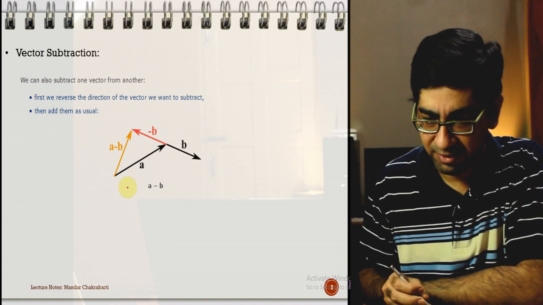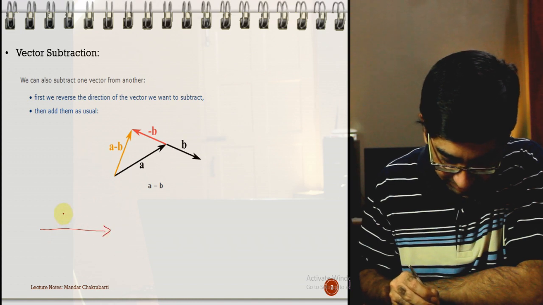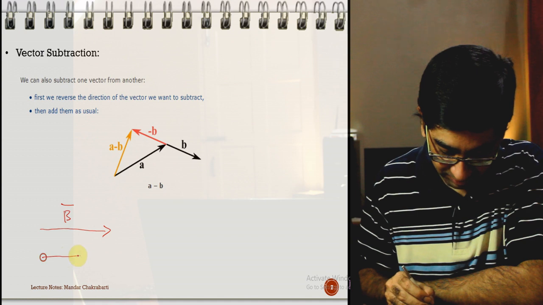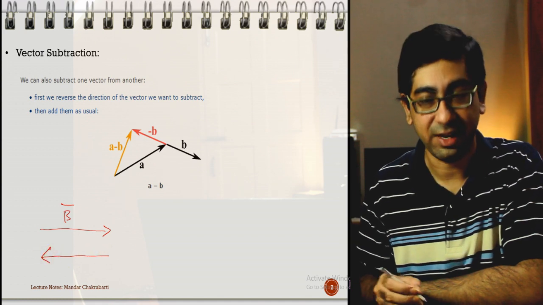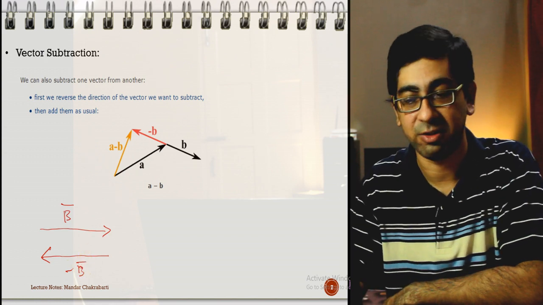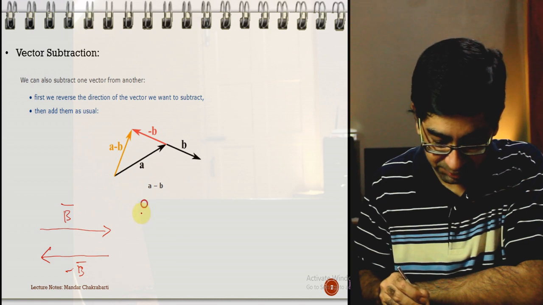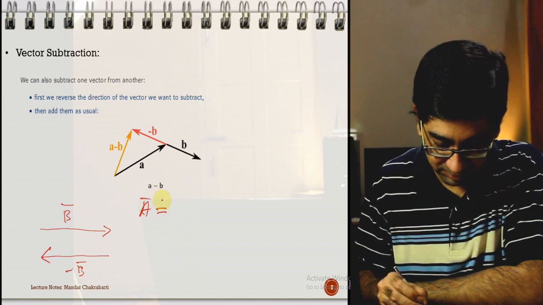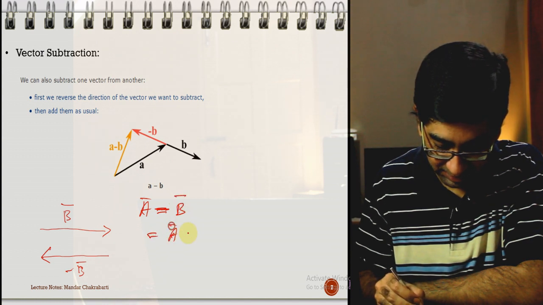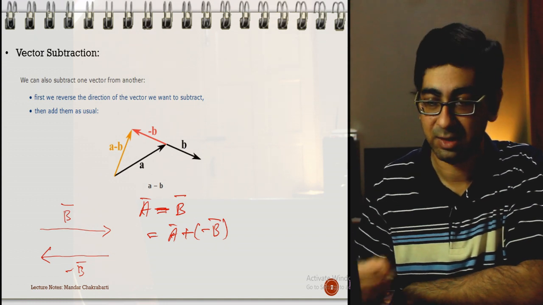So if I were to have any vector, say I take a vector like this, let's name that vector B. Now, same magnitude, inverted direction, and that vector becomes the negative of the original vector, so it becomes minus B. So A minus B vector is basically A plus your minus B.